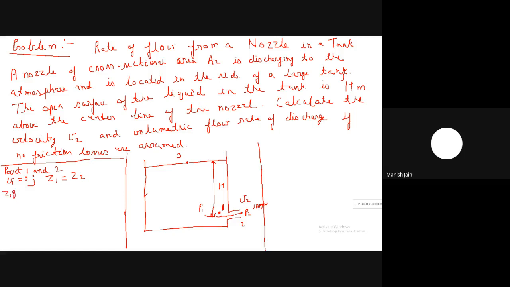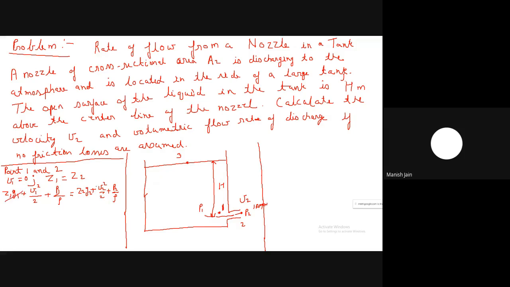Z1 g plus V1 square divided by 2 plus P1 by rho, that should be equal to Z2 g plus V2 square by 2 plus P2 by rho.